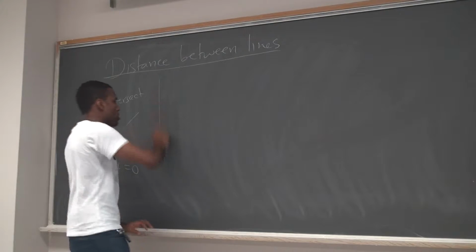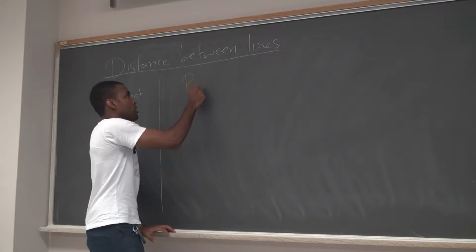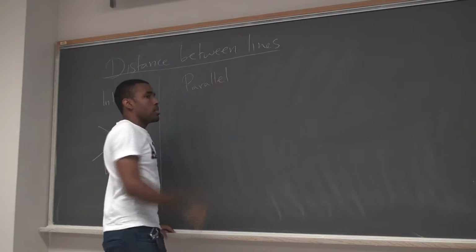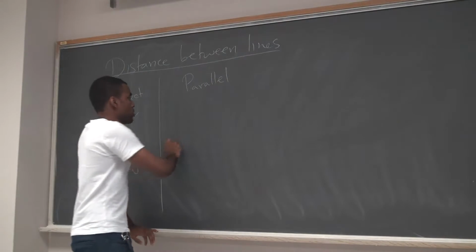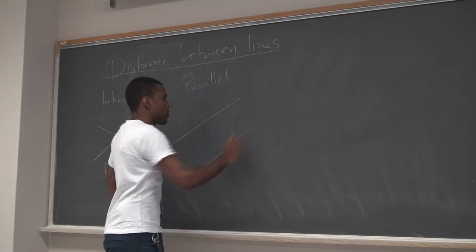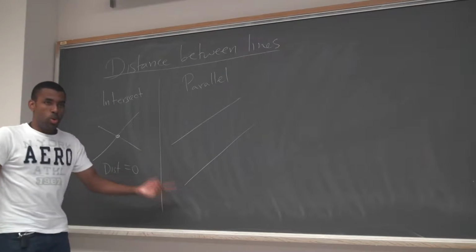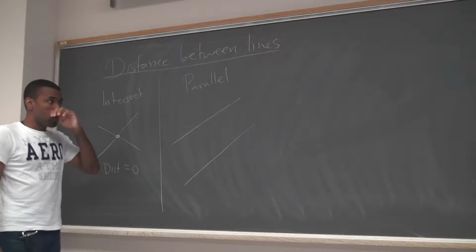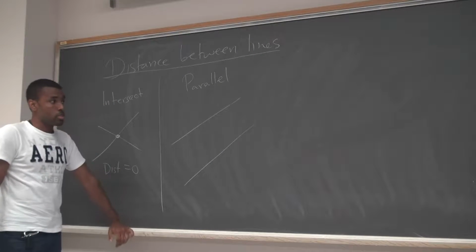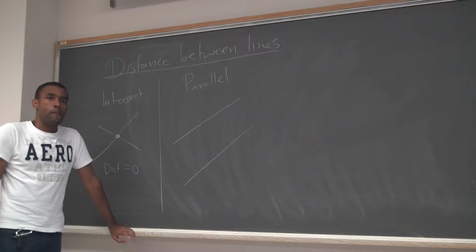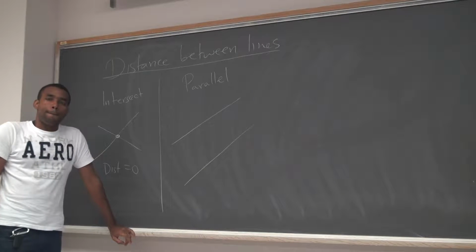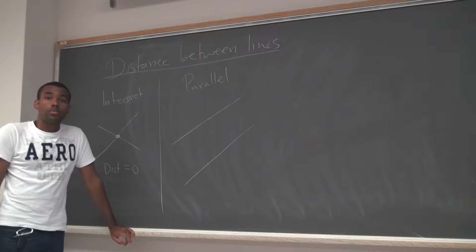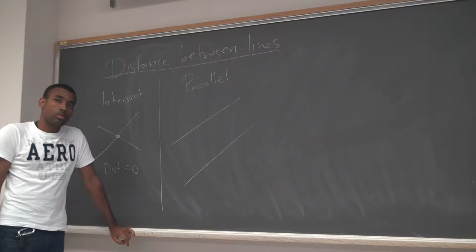Okay, there's also the case where they're parallel, right? So we have two lines that are parallel. And I gave you the equations of these lines. So assuming we know the equations of these lines and we want to find the distance between them, how do you think we'd go about it? Ideas? Find the vector orthogonal to both.